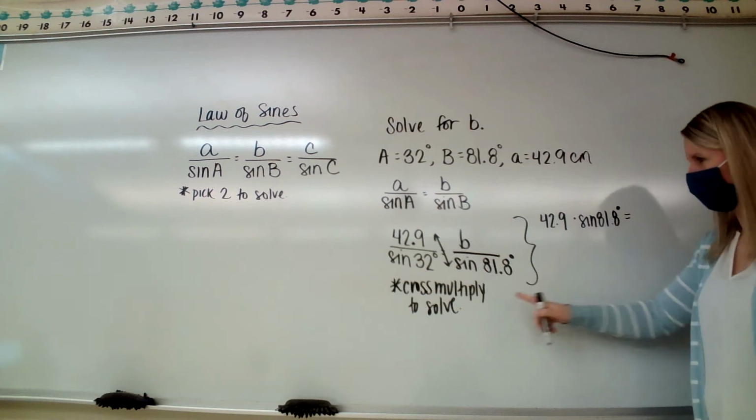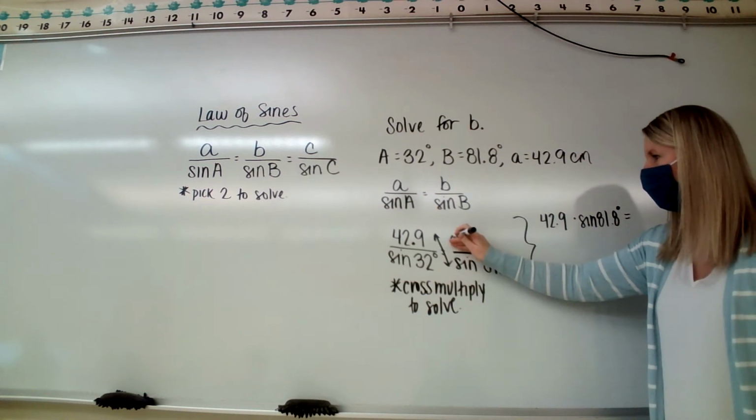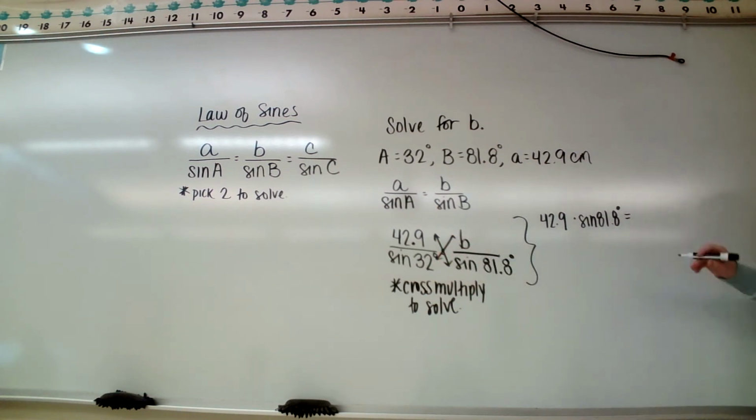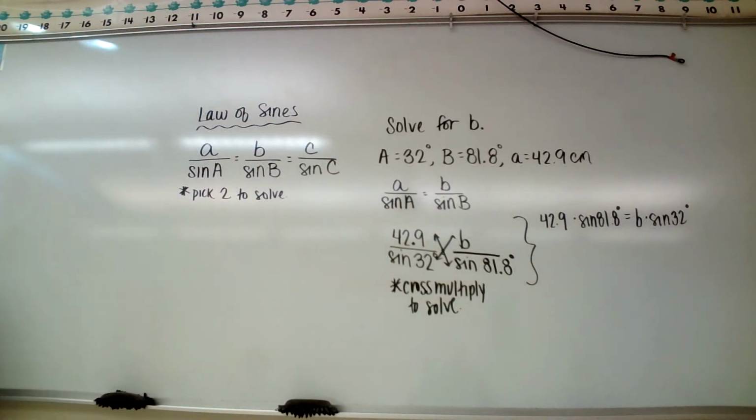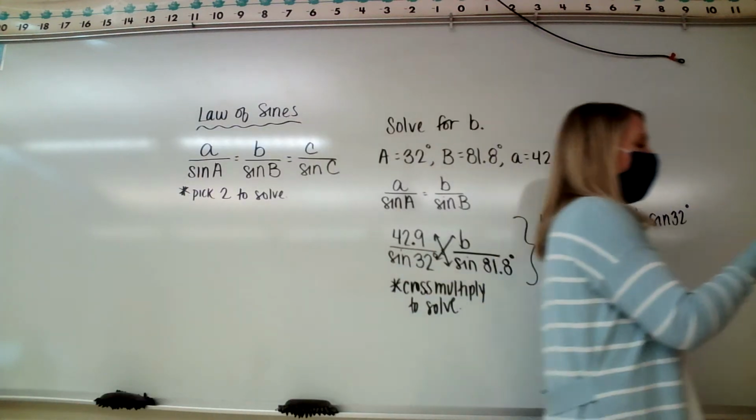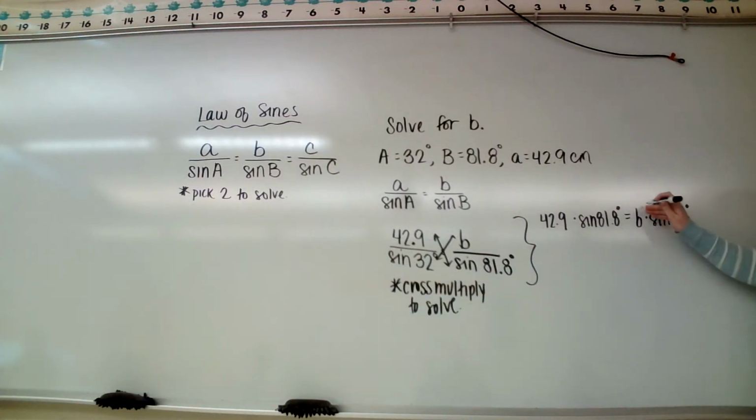And then when I cross the other way, I do b times sine of 32. Our main goal is to get this b by itself, right? We always want to solve for the variable. Since that's multiplication, I'm going to divide by sine of 32 to cancel that.